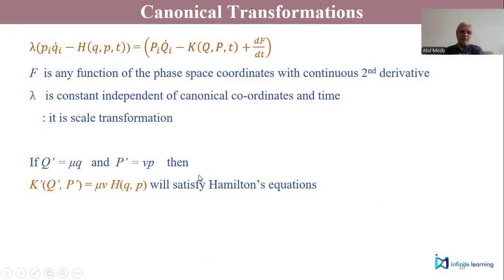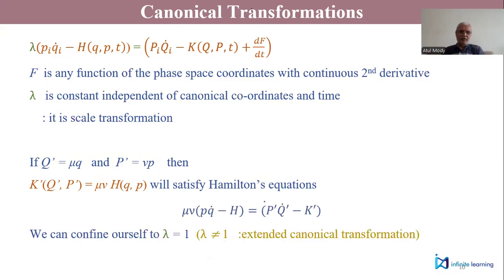It's a scale transformation. So you have scaled your coordinates. But we will be confining ourselves to the situation when lambda is 1. If lambda is not 1, then it is an extended canonical transformation. But we'll restrict ourselves to simpler situations when lambda is simply 1.